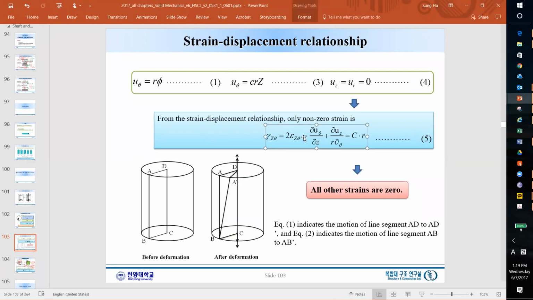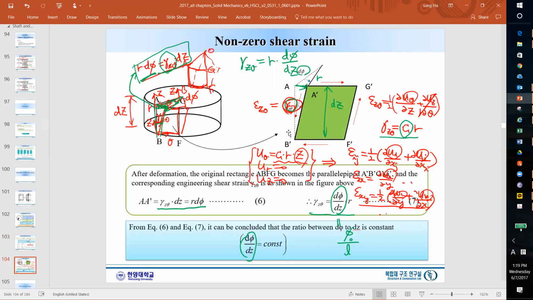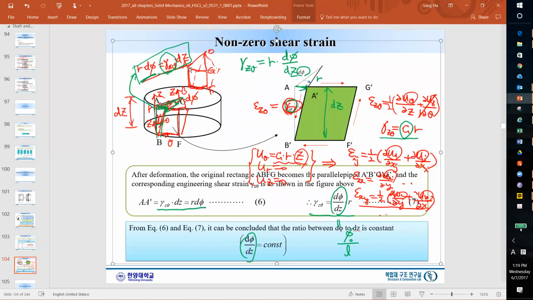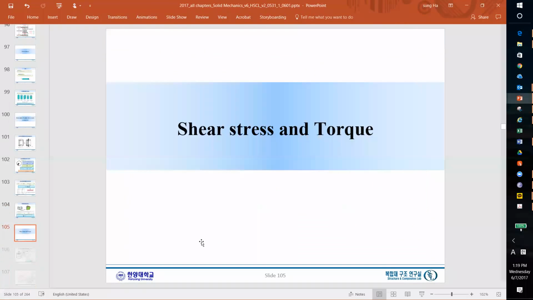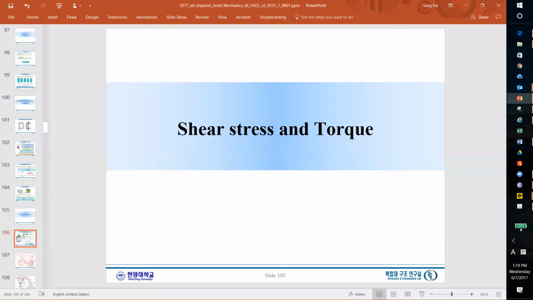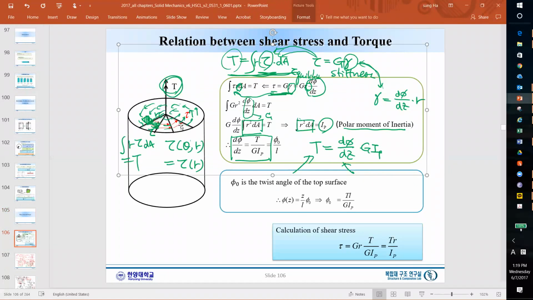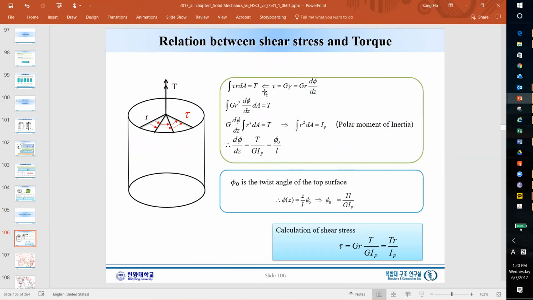We have a strain definition. So we have C R, C proportional to R, and stress, and the definition of the torsion.